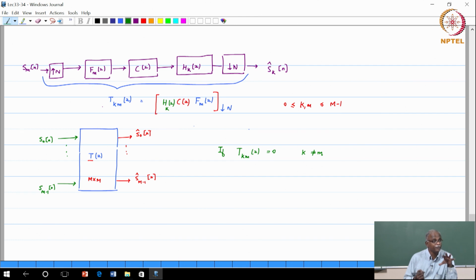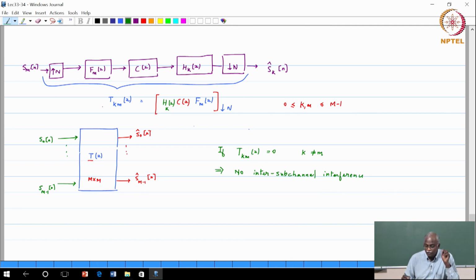So, I have to design my filters such that T of z comes out to be a diagonal matrix. If this condition is satisfied, then there is no inter subchannel interference. This representation is useful because the whole system can be simplified into a few very easily visualized conditions. No inter subchannel interference. Okay?